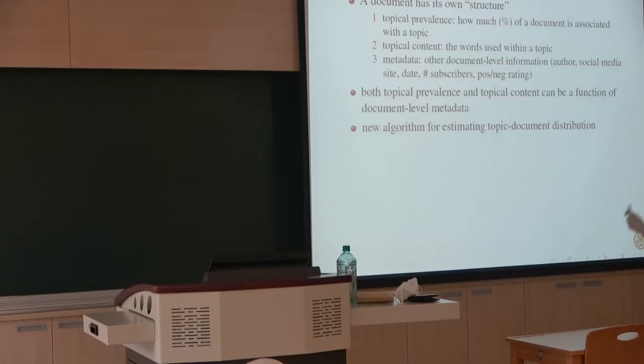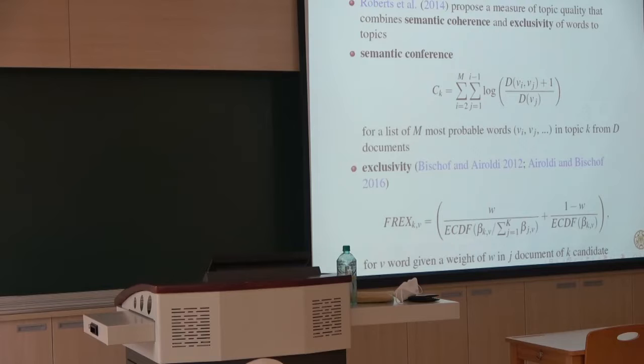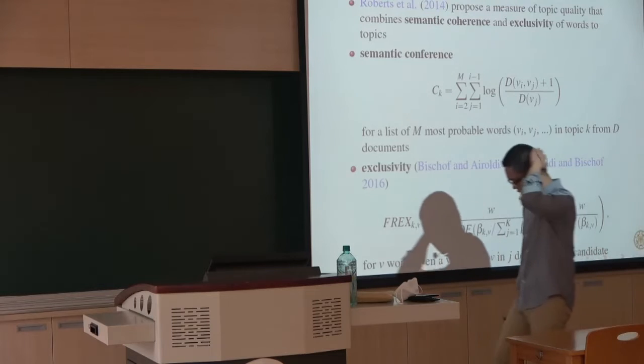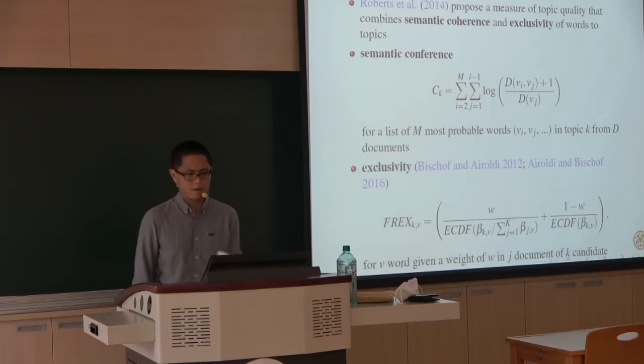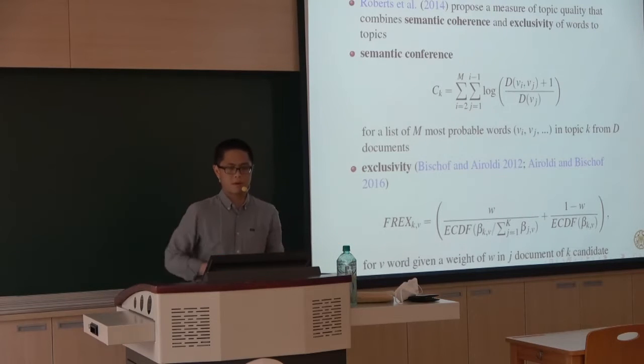So for the structural topic model, we introduce a new algorithm for estimating this. So how is this achieved? In the assigned paper for this week, Matthew Roberts and his co-authors provide a paper on this.